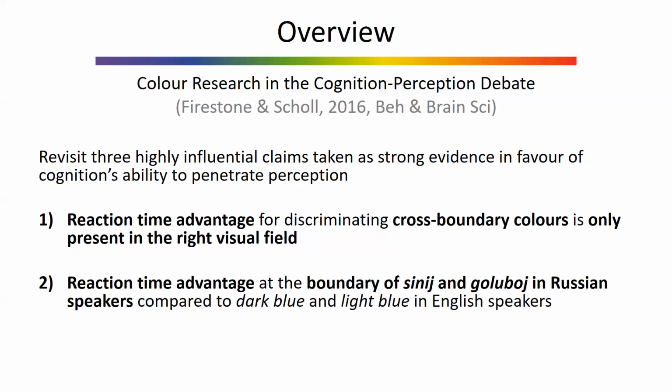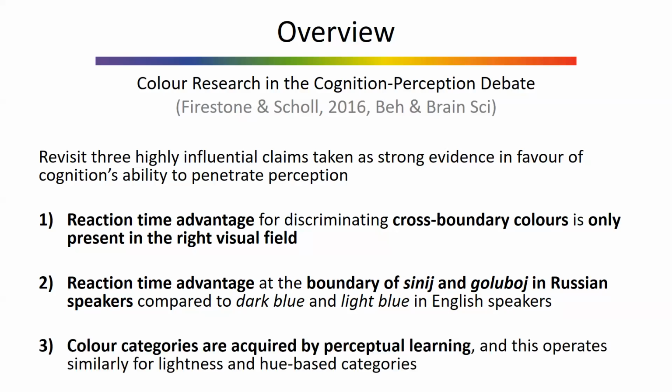The next study will be the reaction time advantage at the boundary of sinij and goluboj in Russian speakers, compared to a simple relative lightness distinction between light and dark blue in English speakers. So again, the fact that this is present in those participants who have the language distinction shows that language is a very strong modulator of the effect itself.